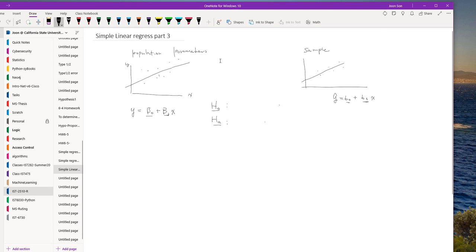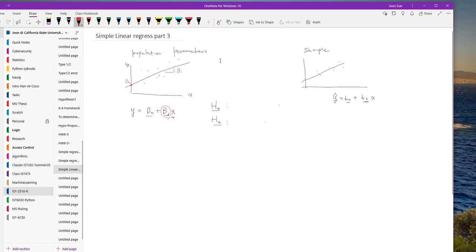So in this case, what are the population parameters? The beta 1, which is the slope, and the beta naught, which is the intercept. So it's all about the population parameters.